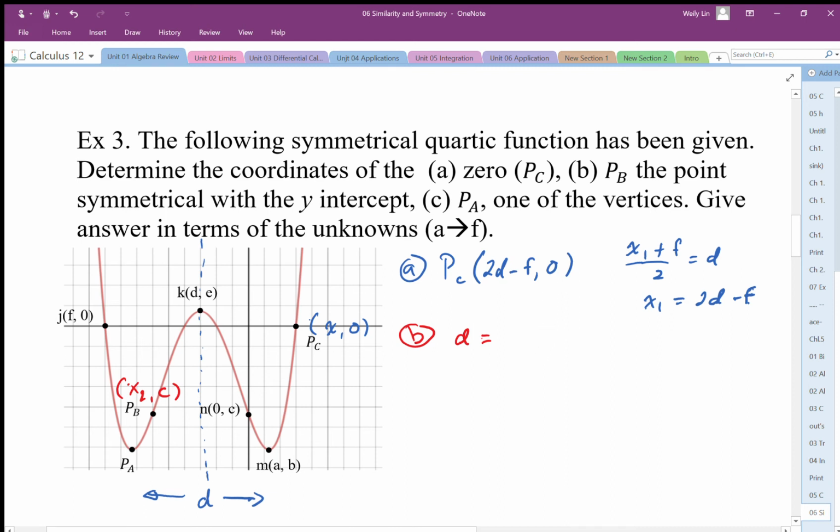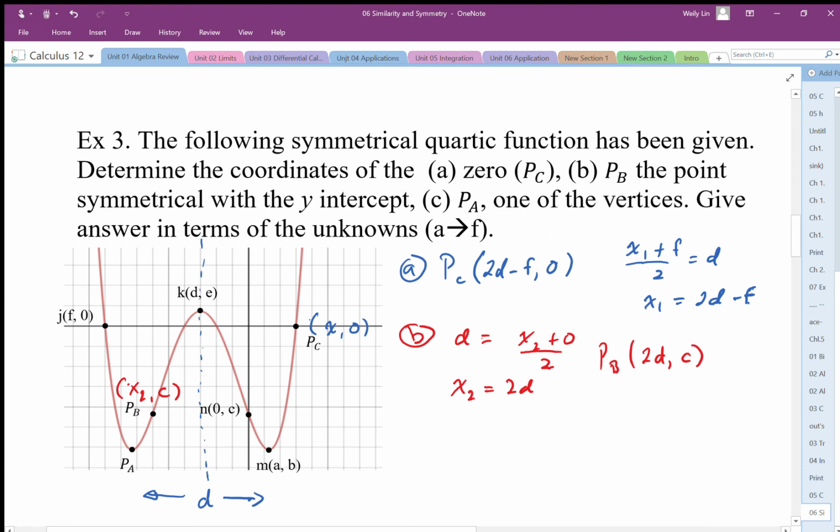So I'm going to use that point X2 and C and do this. So X2 plus 0 divided by 2 equals the middle D. Well, that means that X is double D, which is correct. I go D here, D more, the same distance to there. So the point B is going to have an X coordinate of 2D and a Y coordinate at C.